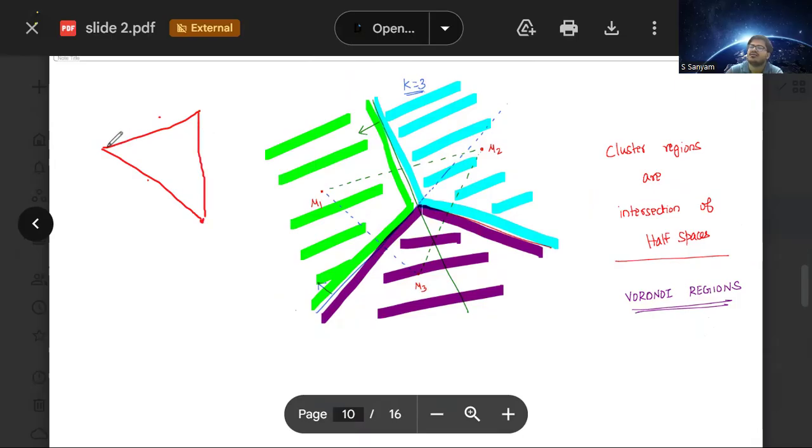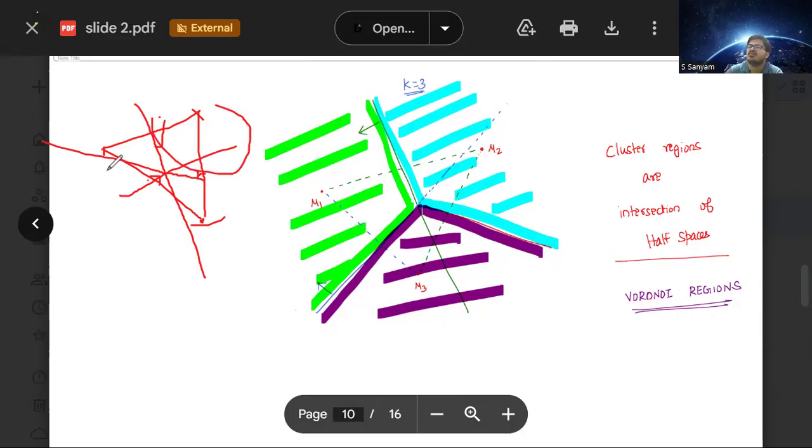If these points are the means, then the clusters will be decided by the perpendicular intersection. You know the perpendicular intersection.